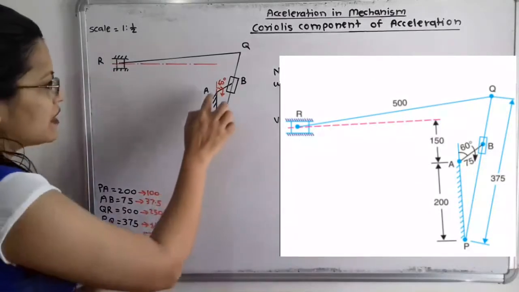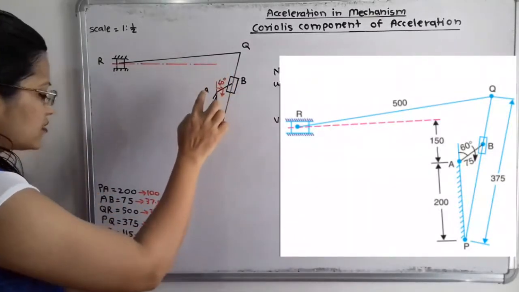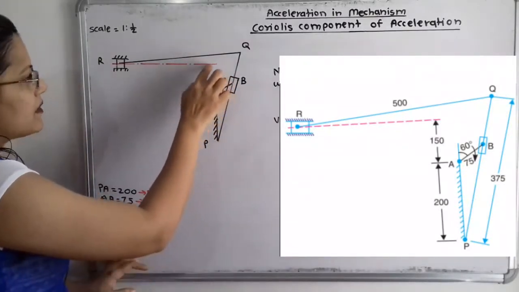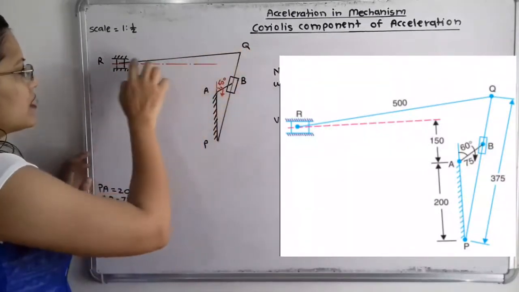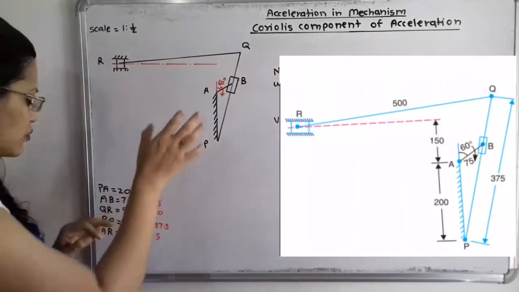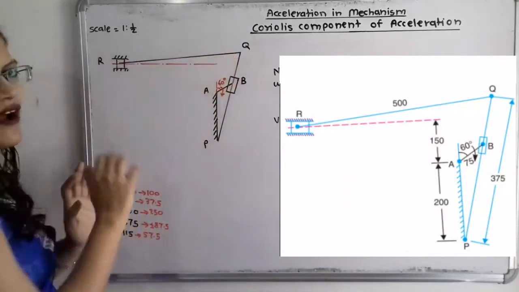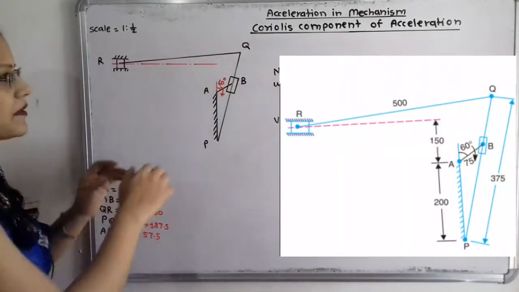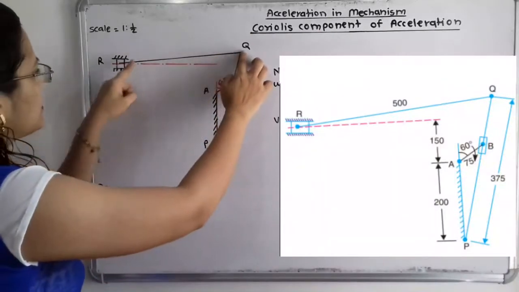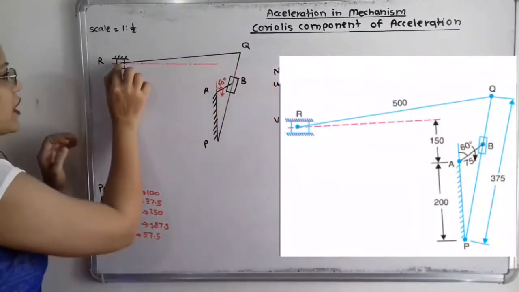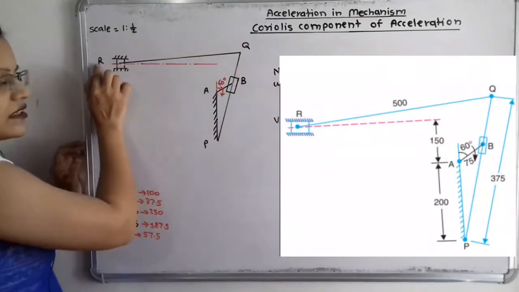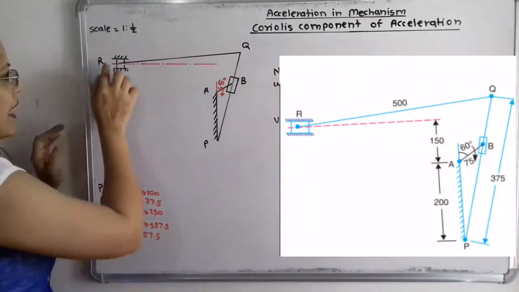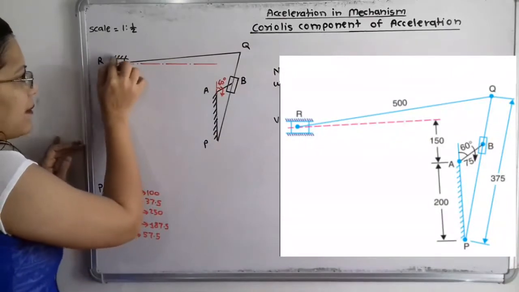As per scale we have to plot here a distance of 57.5 mm and draw one horizontal line. Now from point Q the distance to R is given. This distance QR is 500 mm, so as per scale we take 250 mm and mark one point on the horizontal line, and this point is R, at which the ram R has reciprocating motion.